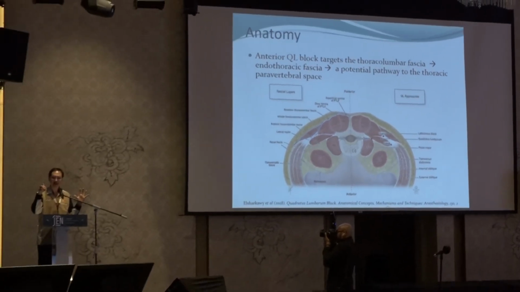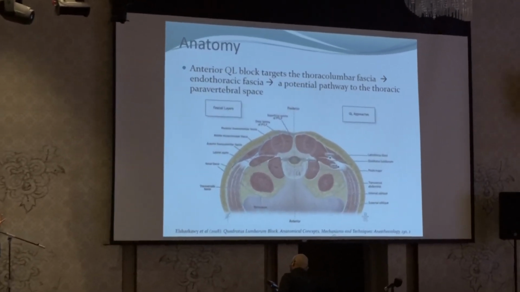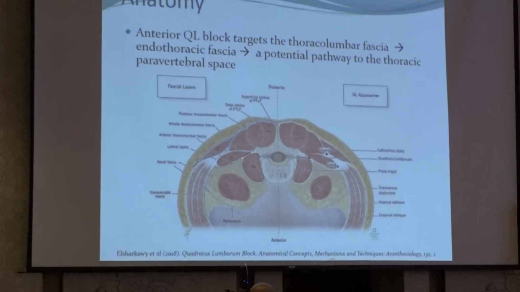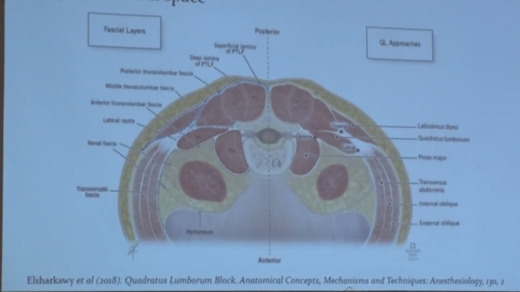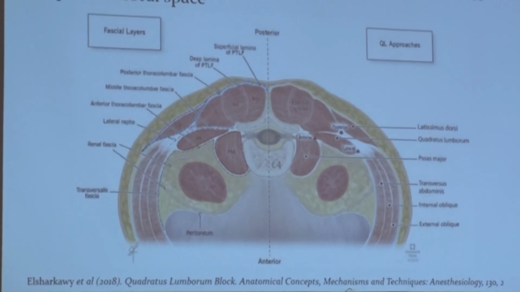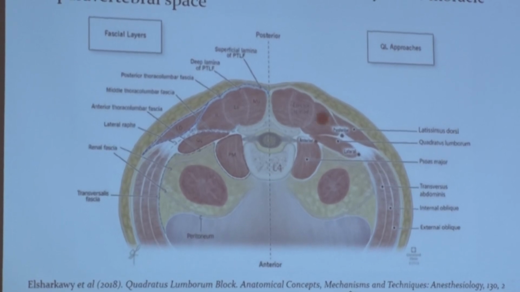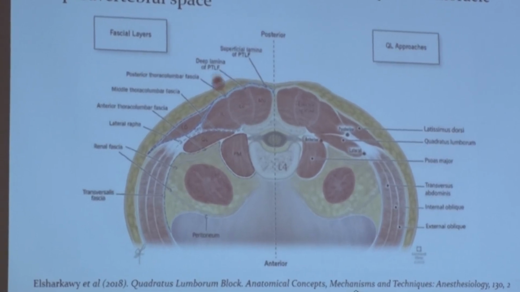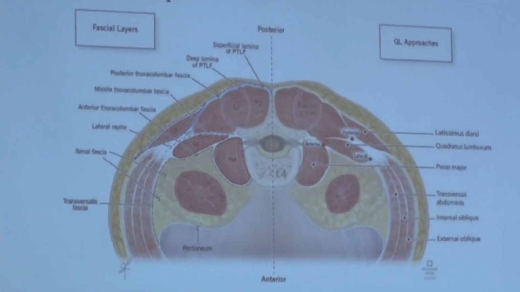If you notice this picture, the quadratus lumborum muscle, the QL muscle. Sorry, the pointer is not showing. Never mind. The quadratus lumborum muscle is surrounded by the thoracolumbar fascia, and it depends on where you place the LA. If you place the LA lateral to the muscle, it's a posterior TAP or a lateral quadratus lumborum block.